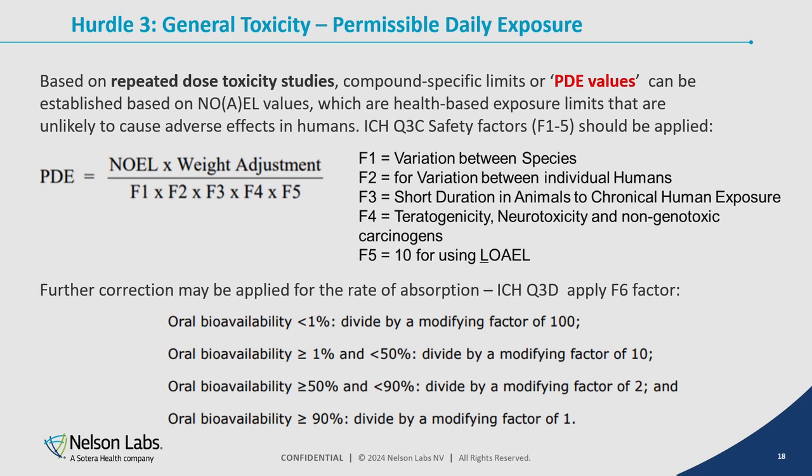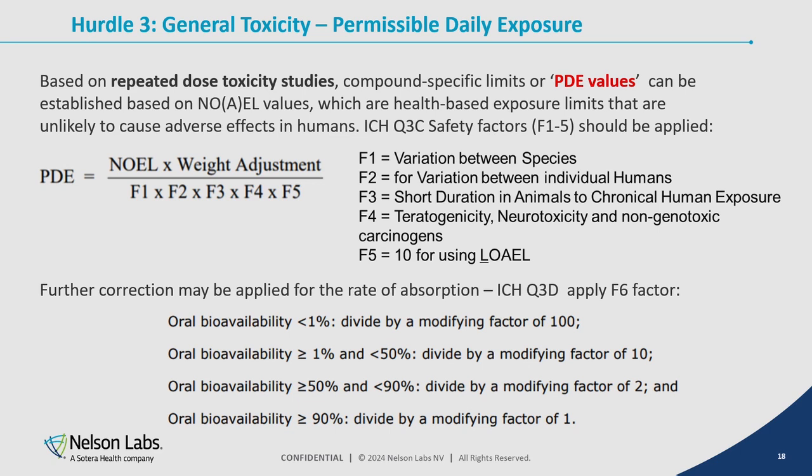Then the duration of the toxicity study you took as a point of departure, compared to the chronic exposure during the therapy, has to be compensated. If there is any unusual toxic effect like teratogenicity, for example the reproductive systems are affected, that the pups are affected, if you're breastfeeding the pups, that it is affected, neurotoxicity, non-genotoxic carcinogens, remember the threshold ones, that's an additional factor you can put in there.